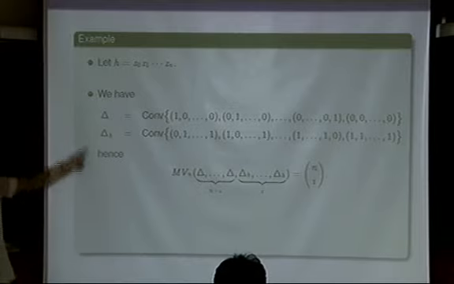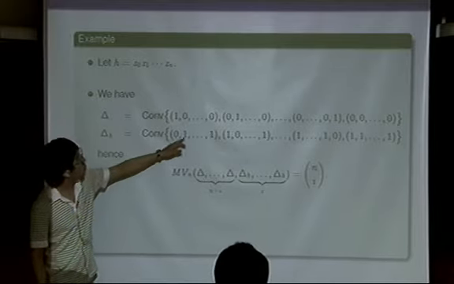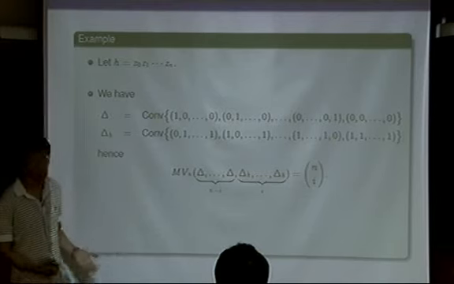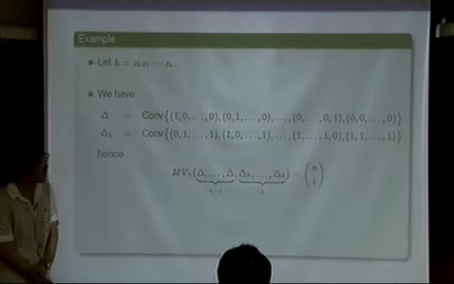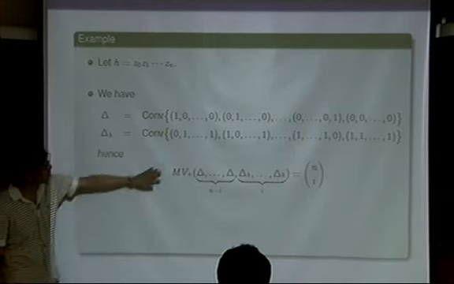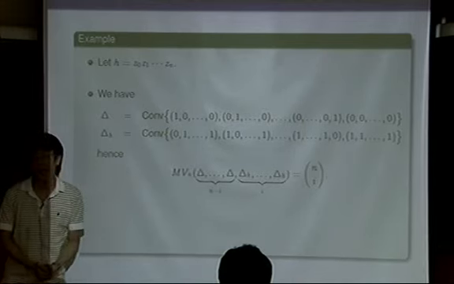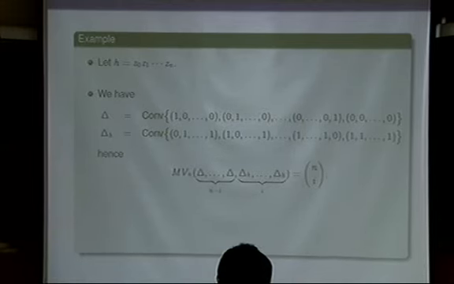So these are the ones, 0, 1, 1, 1, 1, 1, 1, 0, 1, 1, 1, 1, 1, and so on. So it has volume 1. And you can compute and conclude that the mixed volumes of these things are exactly the binomial coefficients, n choose i.